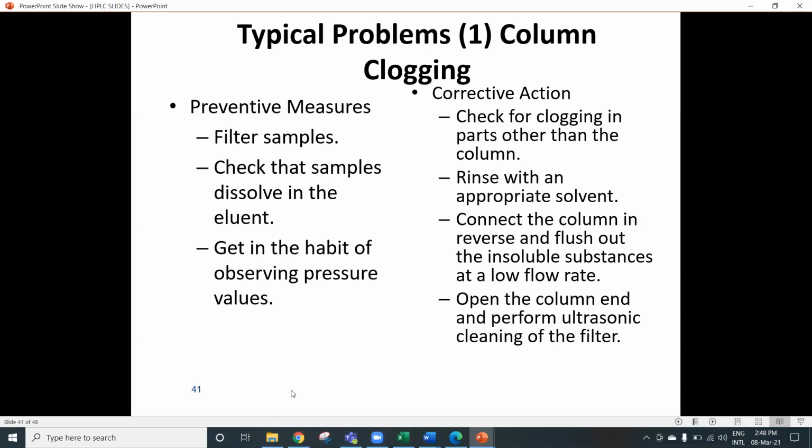So you don't want that. Then you rinse your column with appropriate solvents, and you connect your column in reverse and flush out. So if there's any debris sitting at the entrance of your column, when you reverse your column, it will exit immediately and you will have no interference in your column.